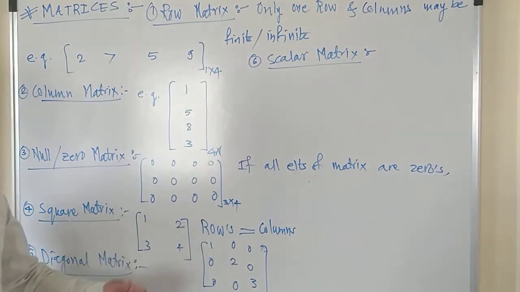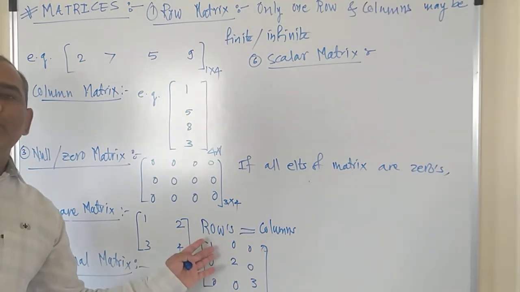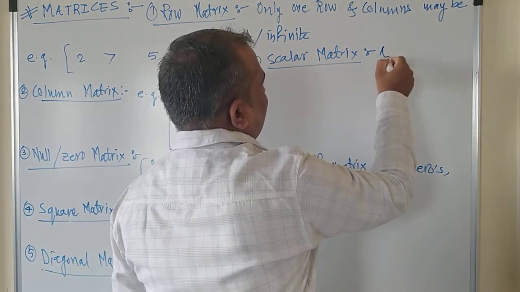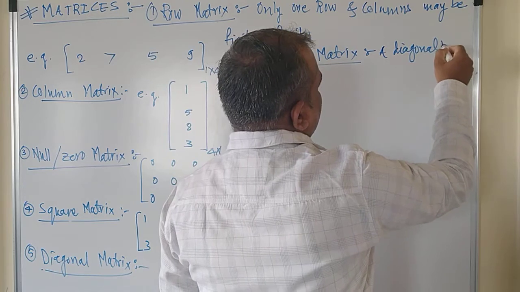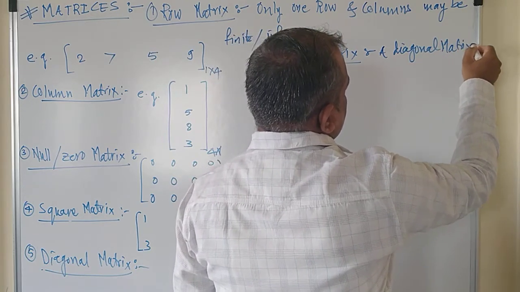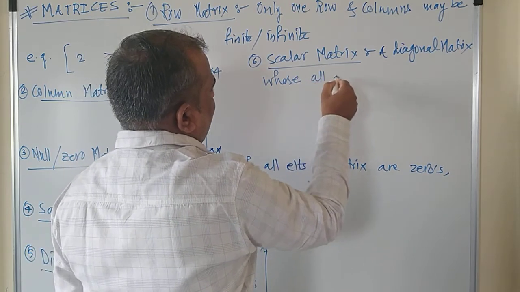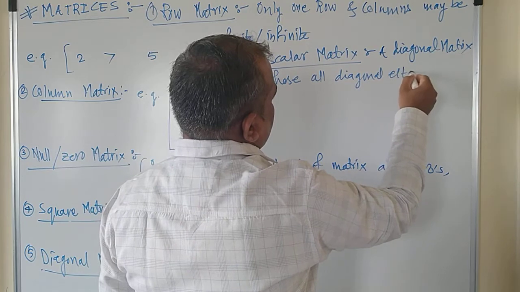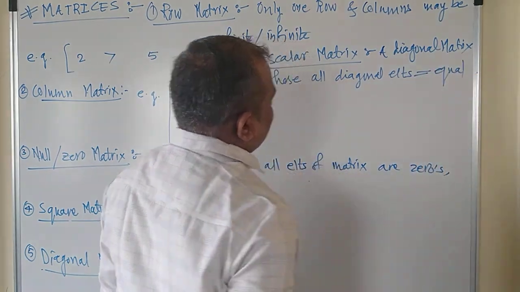But one more important condition in case of a scalar matrix is that all diagonal elements must be equal, right? So the scalar matrix is a diagonal matrix whose all diagonal elements are equal, all the same.